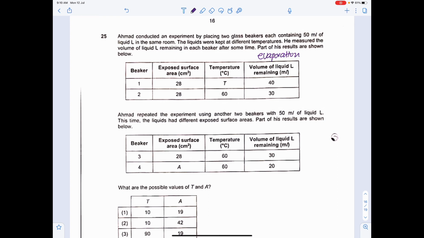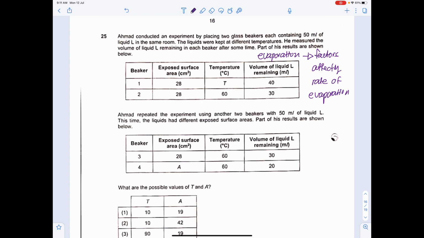So my liquid must have evaporated, correct? And then after that, it will ring a bell in me that this question is talking about factors affecting rate of evaporation. So basically, I will start to think in my mind, what are some factors that actually increase or decrease rate of evaporation?